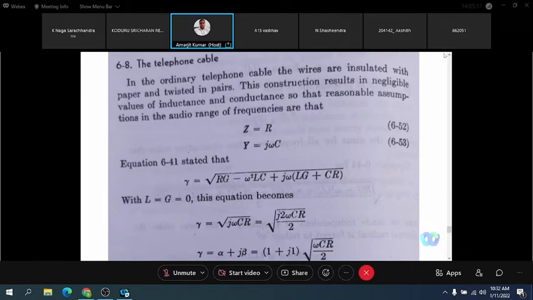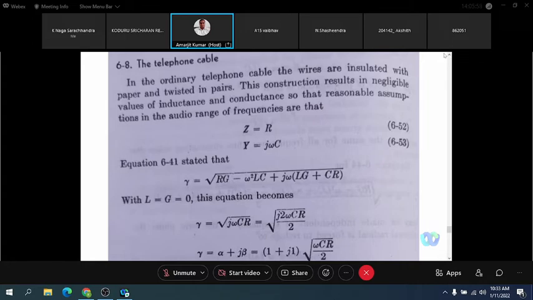So this is for the audio range of frequency, 20 hertz to 20 kilohertz, or voice signal 3 kilohertz. Z is equal to R plus j omega L, and Y is equal to G plus j omega C. For this ordinary telephone cable, we can ignore the term because of the less value of inductance L, and because frequency is also not very high, audio range of frequency.